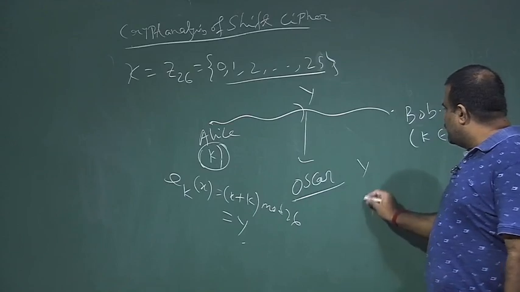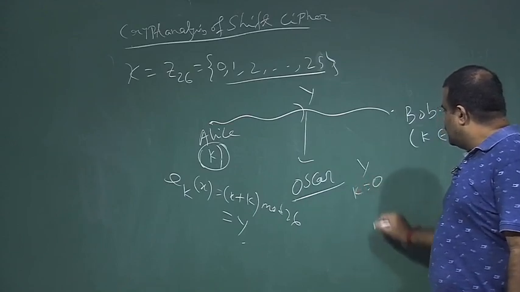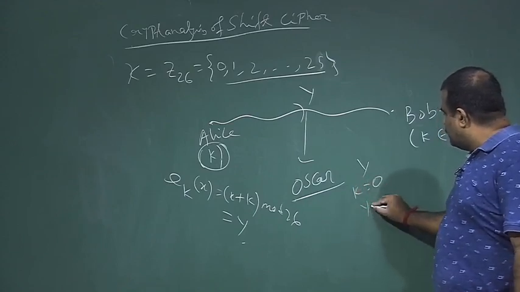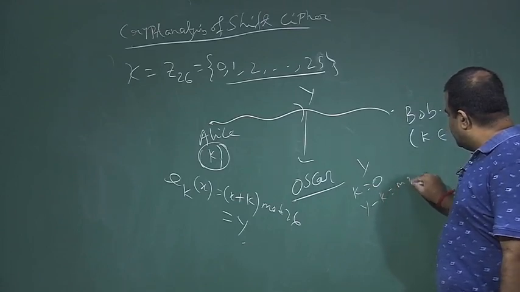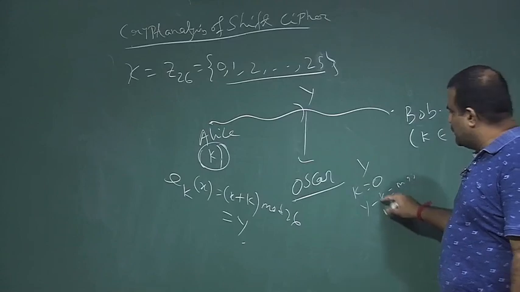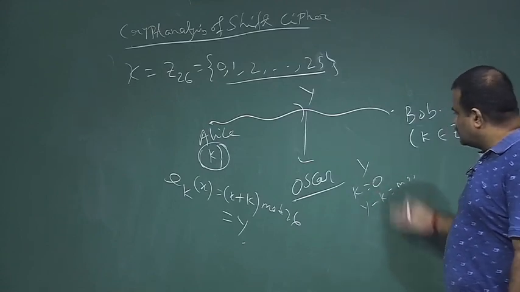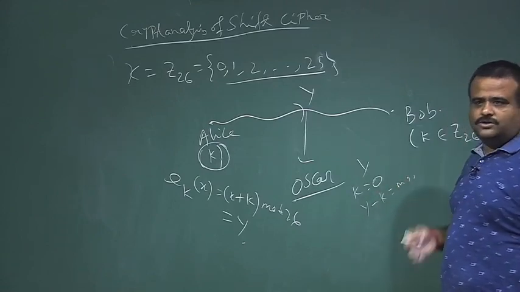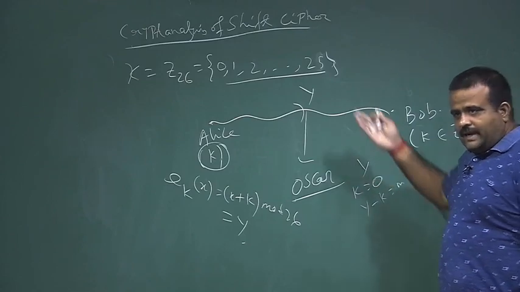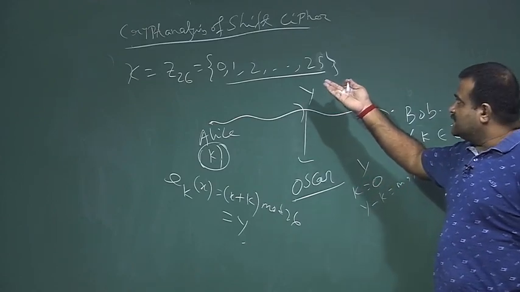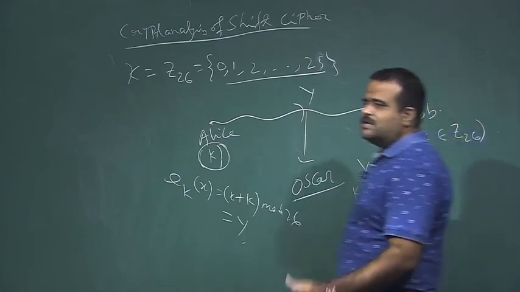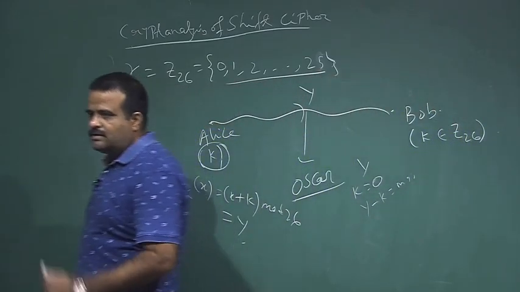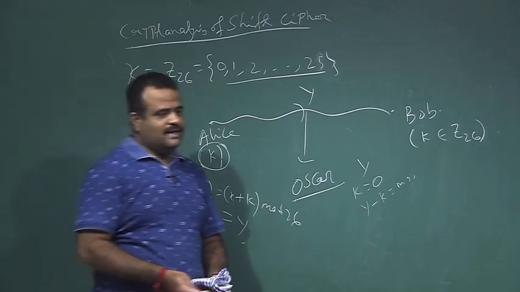Oscar can try k equal to 0 and check y minus k, whether anything meaningful comes out. Oscar will try all possible k, but here the key space is very small, just 26. So with just 26 attempts Oscar can reveal the plain text.